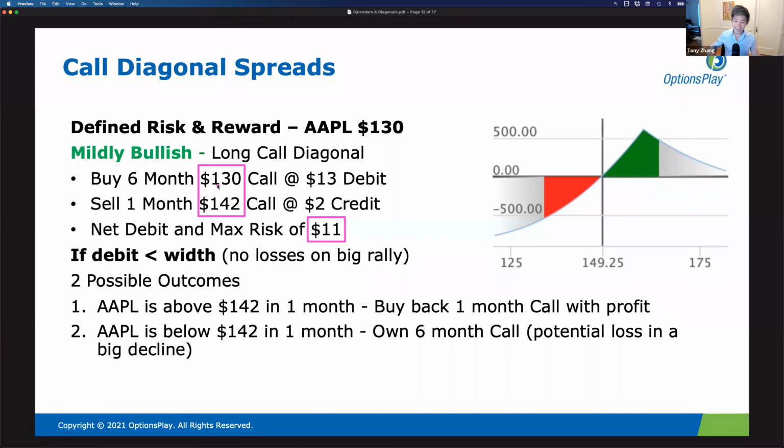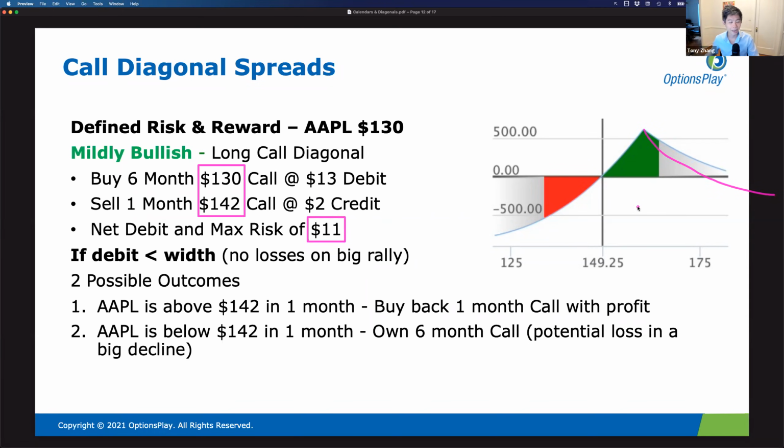Because if you pay less than the width, then even if the stock rallies infinitely higher, you will not have any losses to the upside. But if, let's say, you pay more than the vertical width, what you do see is some losses to the downside.